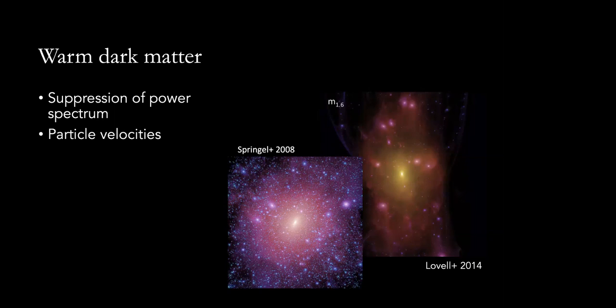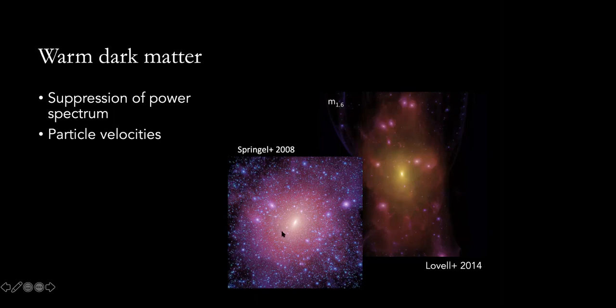So for warm dark matter models, typically light particles that are born semi-relativistically, you get a suppression of the power spectrum because particles are flying out of small overdensities, with enhanced particle velocities compared to the CDM case. This is a plot I pulled from Mark Lovell's simulation, where he shows one particular warm dark matter model, a Milky Way mass halo realization.